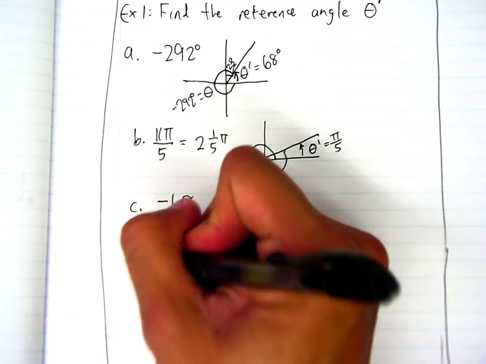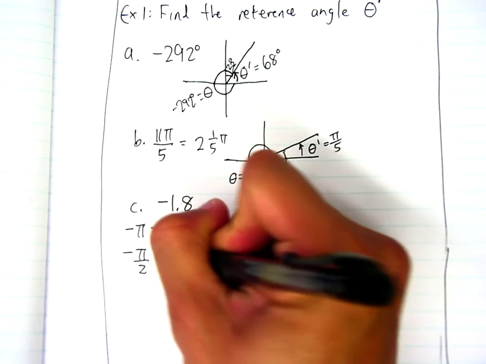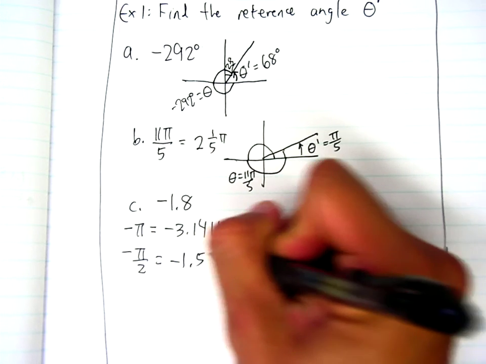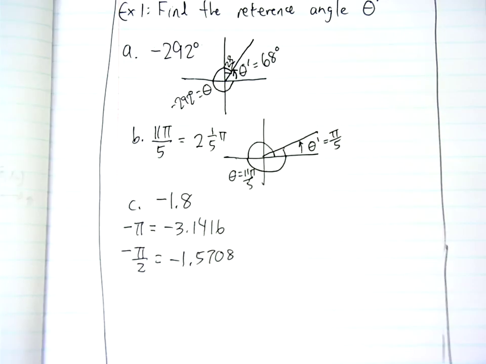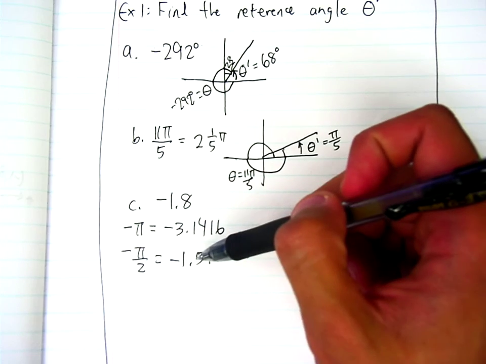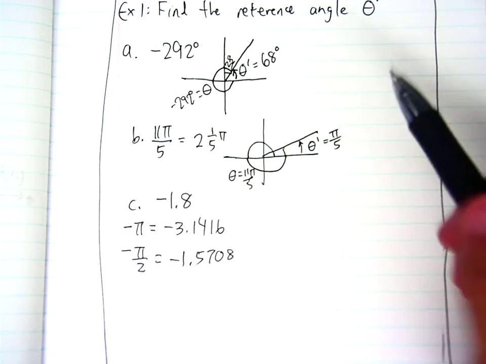Negative pi over 2 is negative 1.5708. So I know it's definitely somewhere between negative pi over 2 and negative pi.